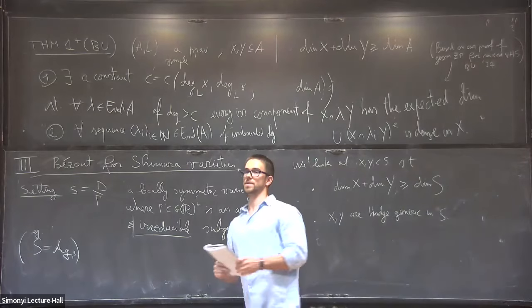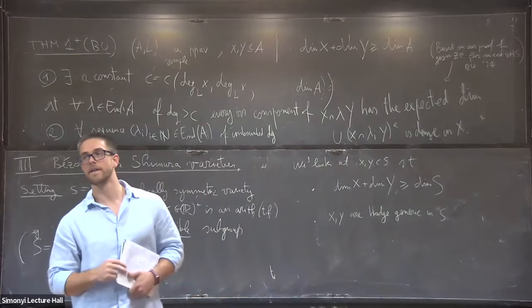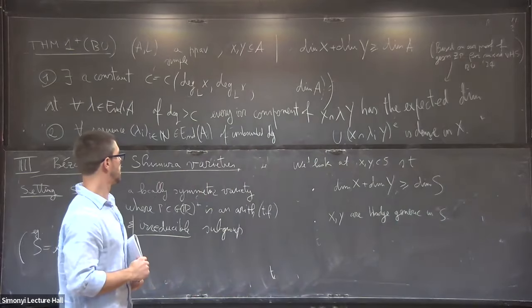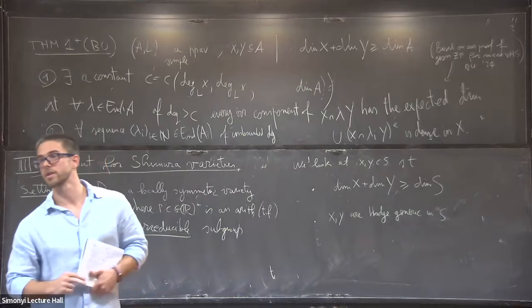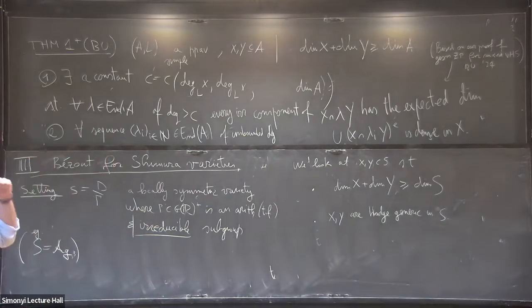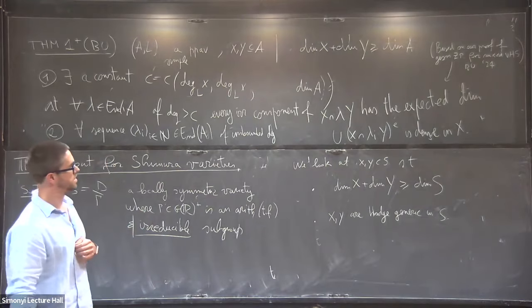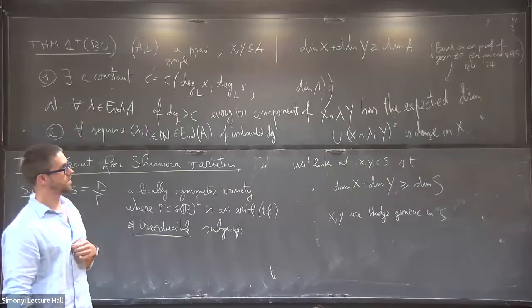Sorry, Greg, would your hypothesis about dmx plus dy bigger than dms and S being simple rule that out? Say it again, sorry. You're assuming that S is simple, and you assume that dmx plus dy is bigger than or equal to dms. So won't that rule that setting out? No, why?